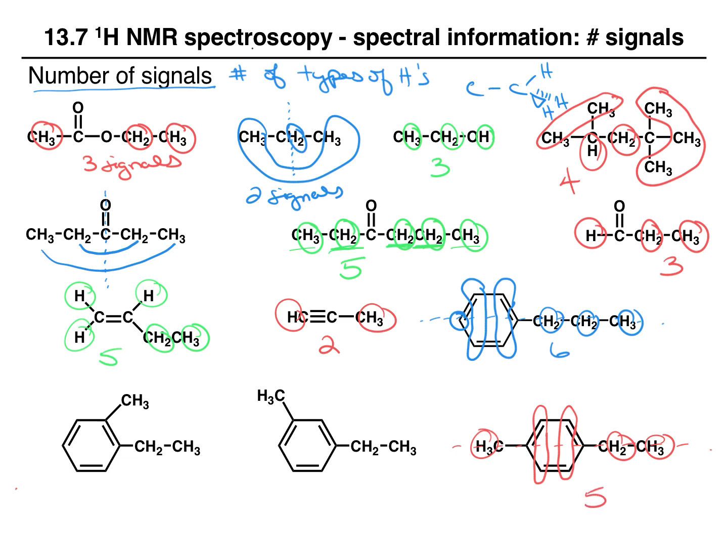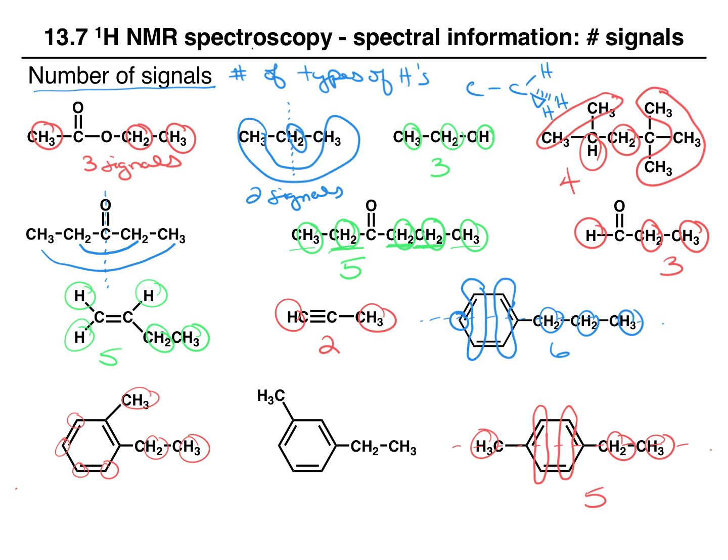In the first and second example, we don't have symmetry because here we have a methyl compared to an ethyl, so it's not symmetry along here. Therefore, this is distinct, this is distinct, this is distinct, and then this is different than this one, is different than this one, is different than this one. This carbon has no hydrogens, this carbon has no hydrogens.